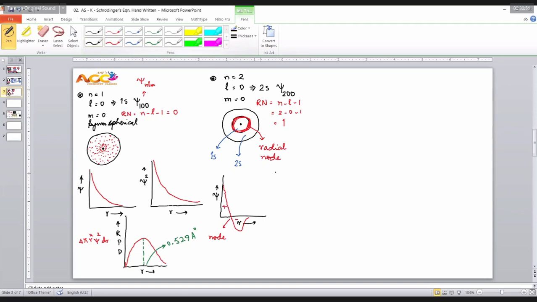Sir, I want to talk about psi square versus r. Psi square should always be positive. Yes, if it is positive, how to proceed? Come on. When you are taking psi square, this is maximum.